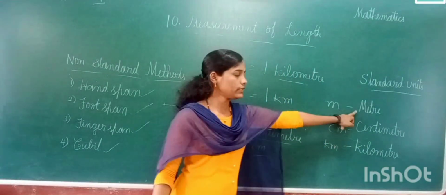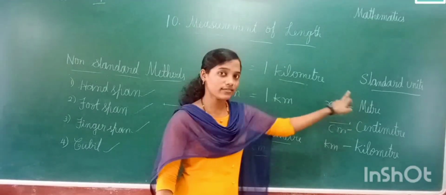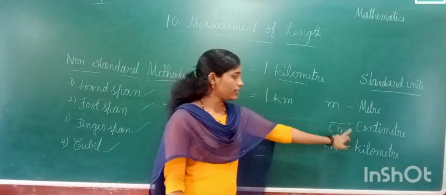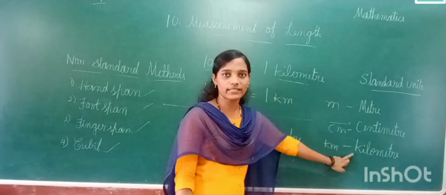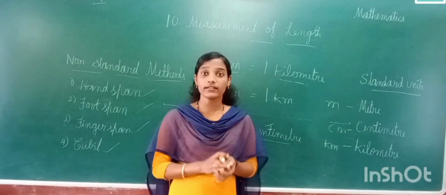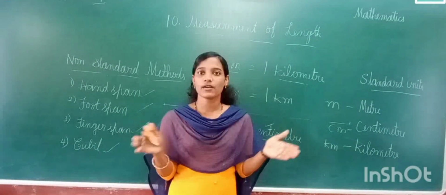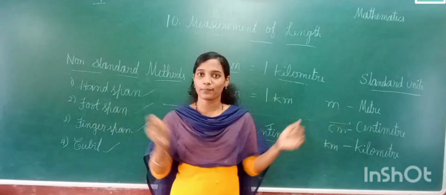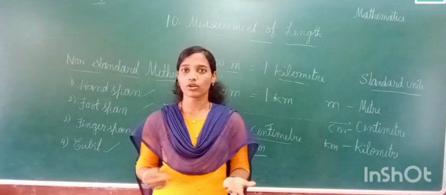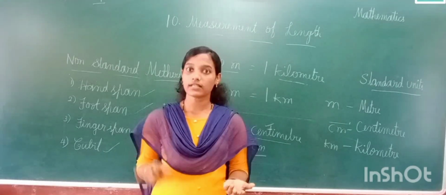So 1 meter means 100 centimeter and 1 kilometer means 1000 meter. 100 centimeter makes 1 meter and 1000 meters make 1 kilometer. For long distance we use kilometer.